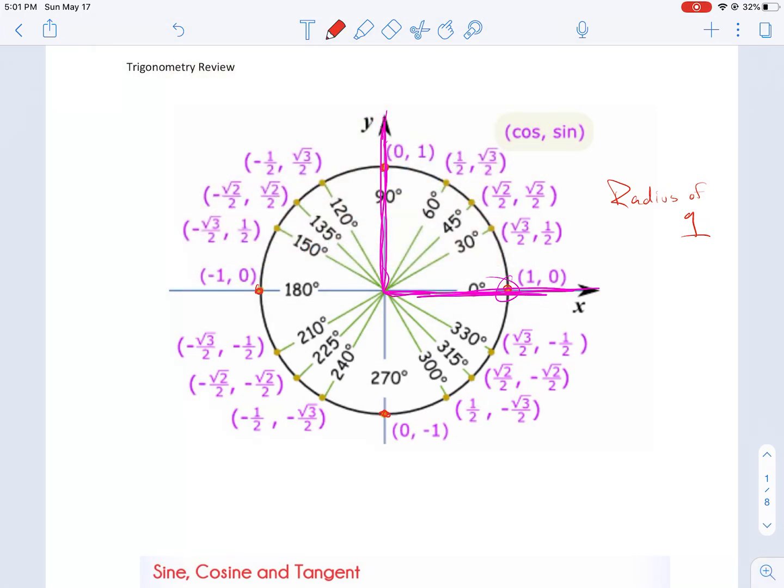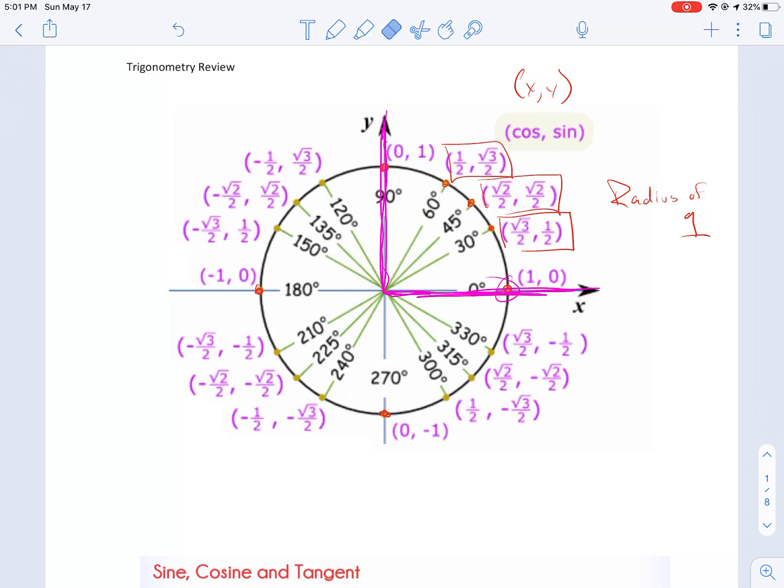Okay, so when we're talking about points on the coordinate plane, we always write them as x and y. Okay, but when we're talking about trig functions and the unit circle, our x and y become cosine and sine values. Okay, so these values right here are just points on the coordinate graph, and these are just their coordinates right here.